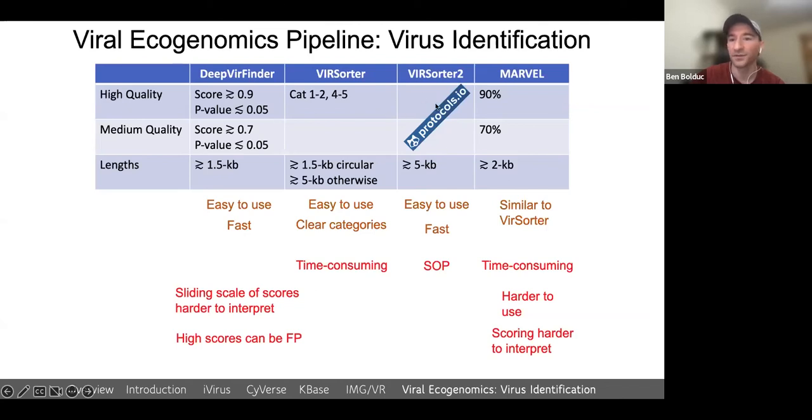And then finally, VirSorter 2, just go on protocols.io, click on VirSorter 2. There's a huge SOP that answers all the questions that you can possibly want to ask about VirSorter 2 and what kind of quality of your data set that you're getting.